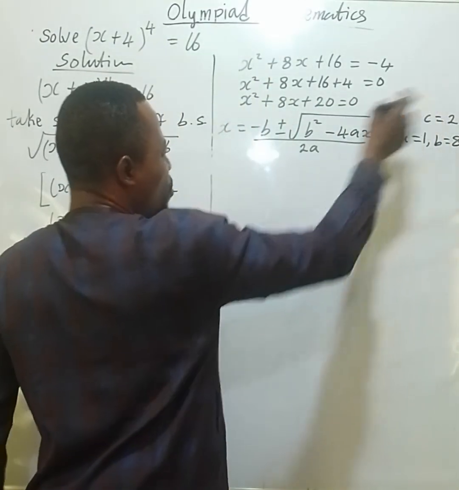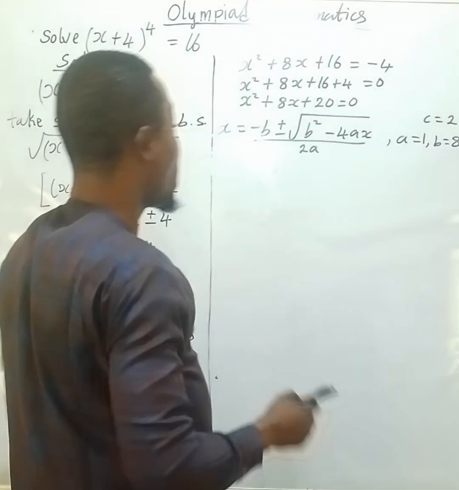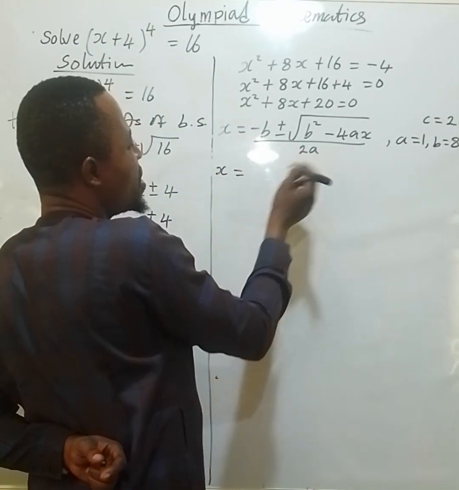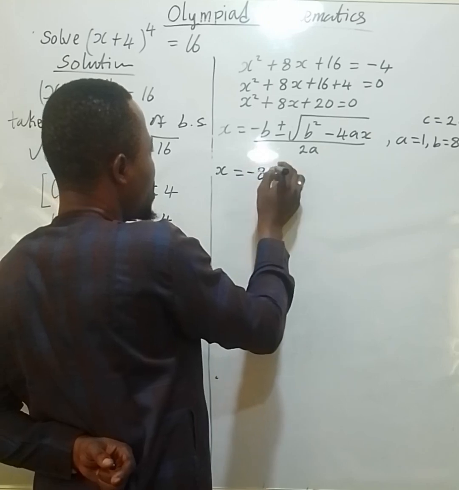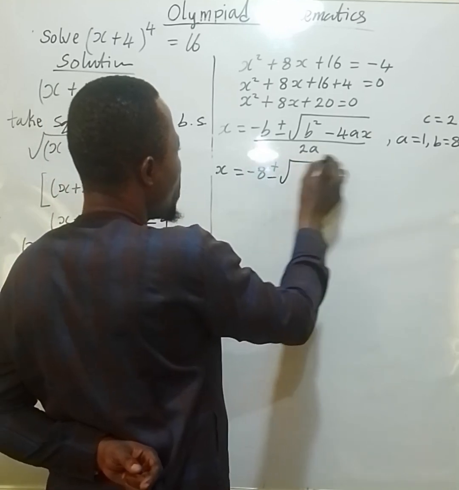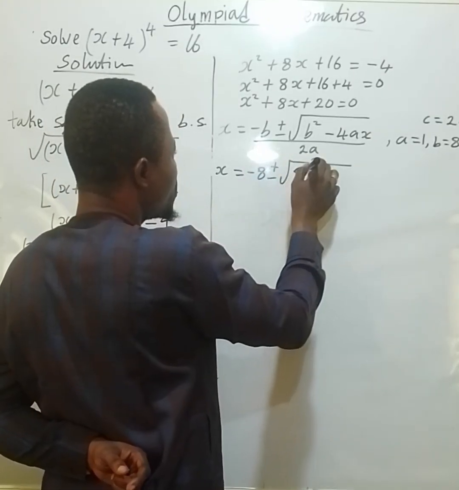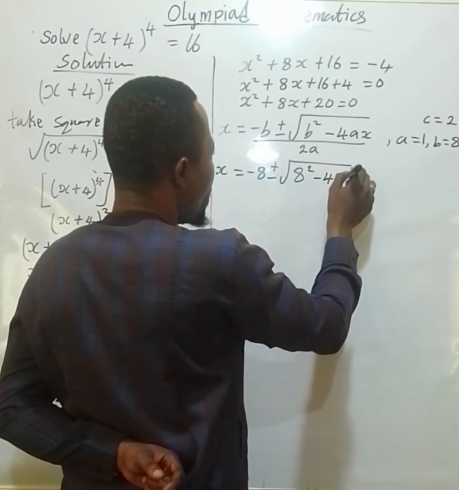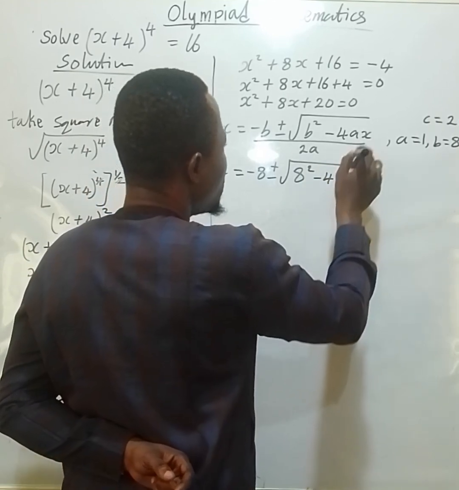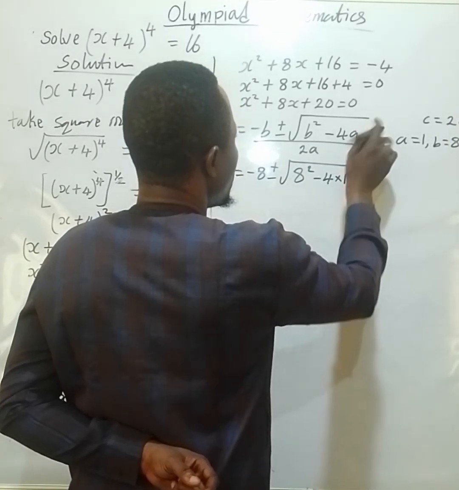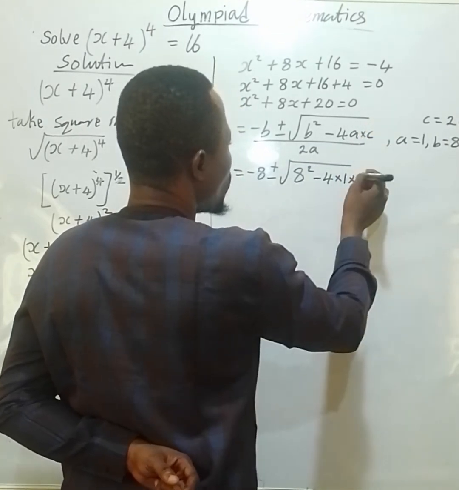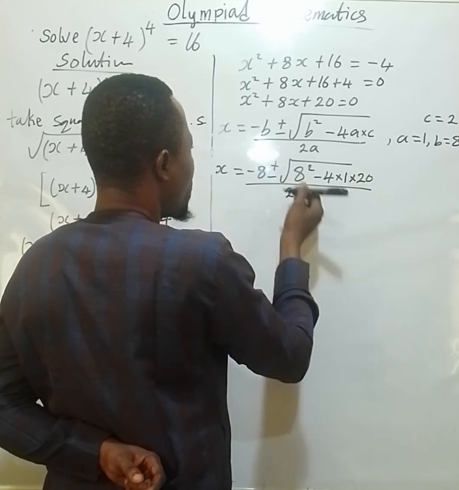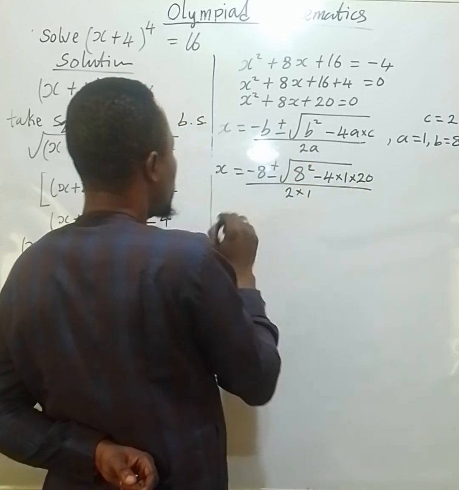So those are the variables we are going to substitute into the formula. We now have x equals minus b, which is minus 8, plus or minus the square root of 8 squared minus 4 times a, which is 1, times c, which is 20, everything over 2a, so 2 times 1.